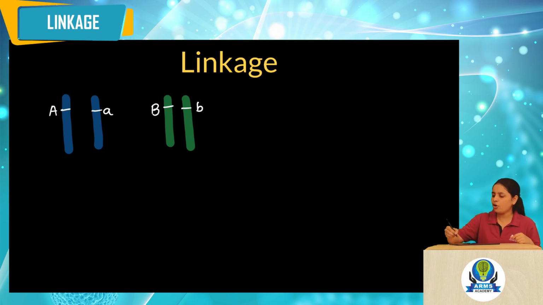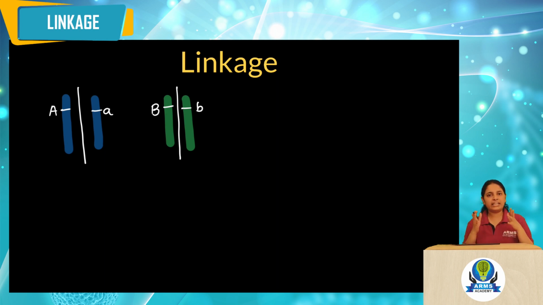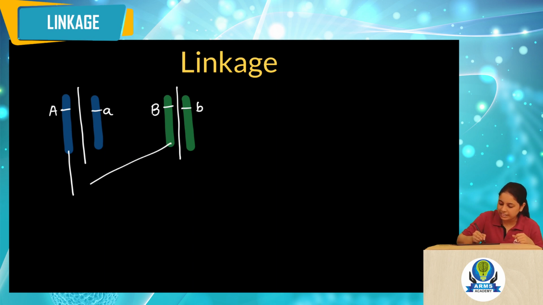If we apply the law of segregation, we can see that these two chromosomes will segregate during gamete formation. Also, both the green chromosomes will also segregate during gamete formation. Now, the first blue chromosome can segregate with the first green chromosome.